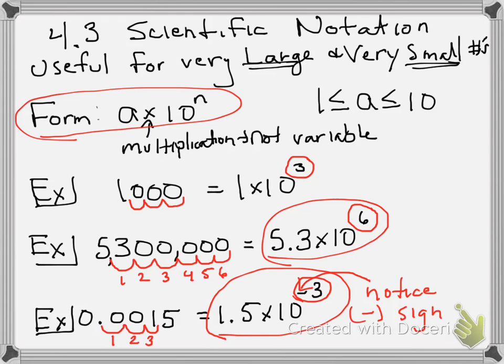That tells us that we have a number now less than 1. So we should move the decimal place to the left 3 to end up with our original number. If we take 1.5 and move our decimal place over 1, 2, 3 to the left, which is what the negative sign tells us, then we would end up with 0.0015.